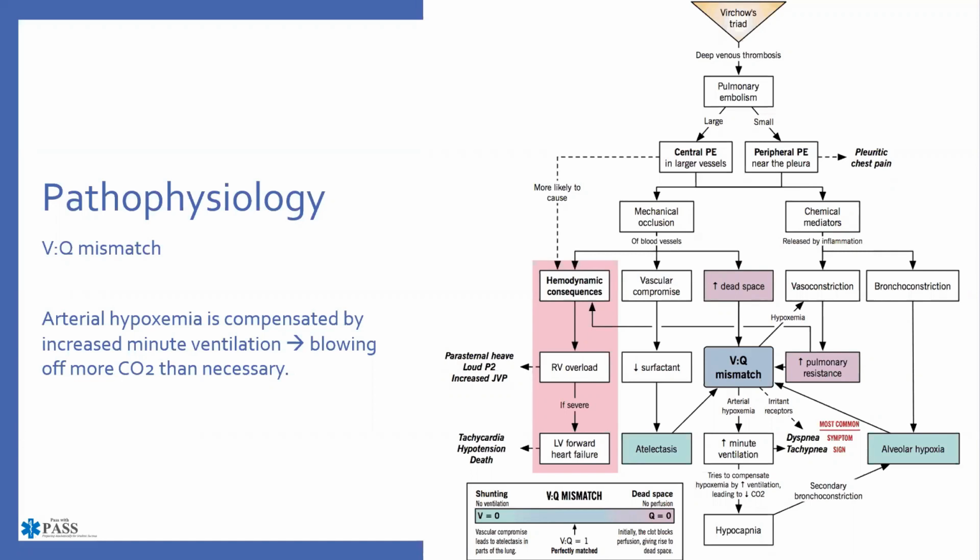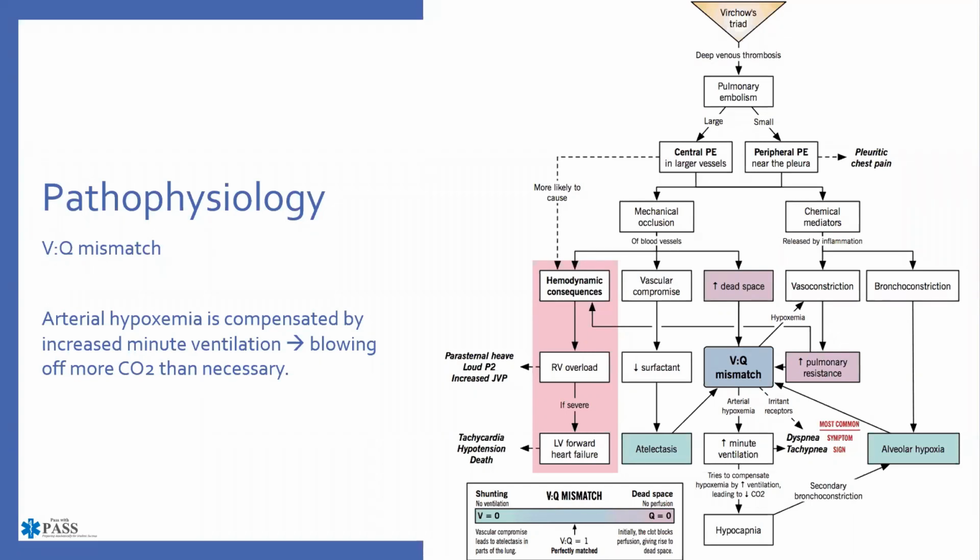Okay, so that is where the problem comes in. In individuals that have any type of VQ mismatch, for all intents and purposes, what a VQ mismatch is, is the lung is getting an appropriate amount of oxygen. It just doesn't have the blood flow to go with it. So it is not getting there through the normal mechanism, and that is where this VQ mismatch ends up coming into play.